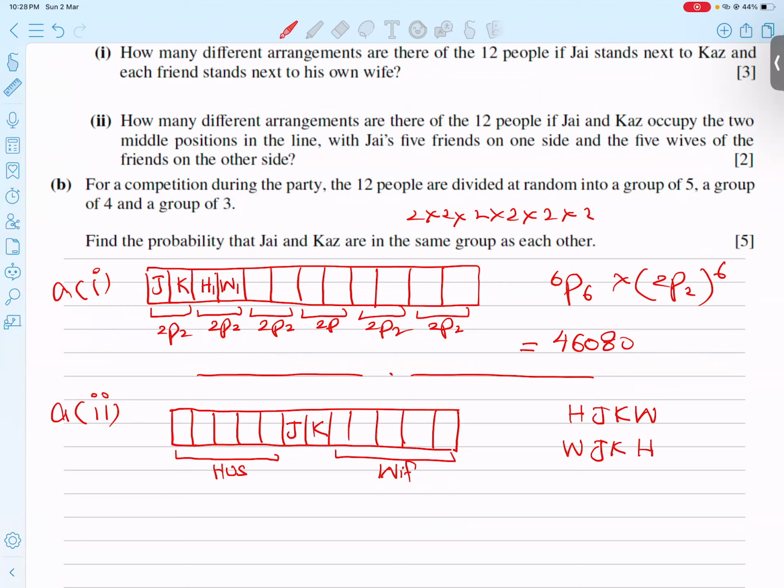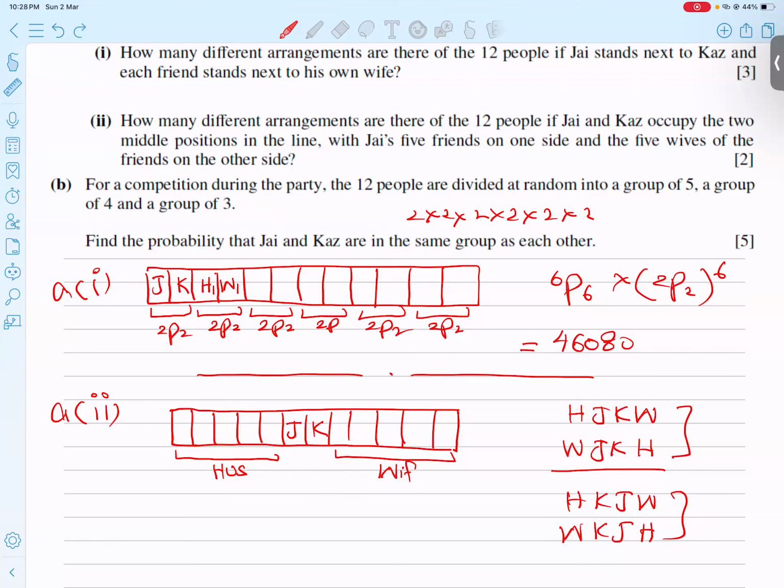And the same thing happens with the other option. What is the other option? If Jay and Kaz change places, it means Kaz before Jay later, and husbands before wives later, or wives before husbands later. So we have two and two, four options in total. So this is 5P5.